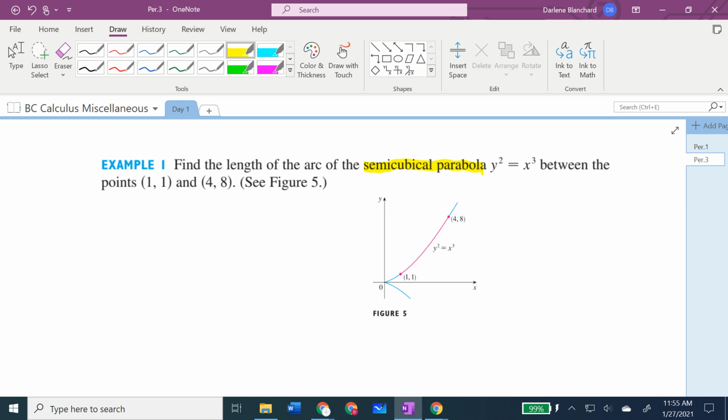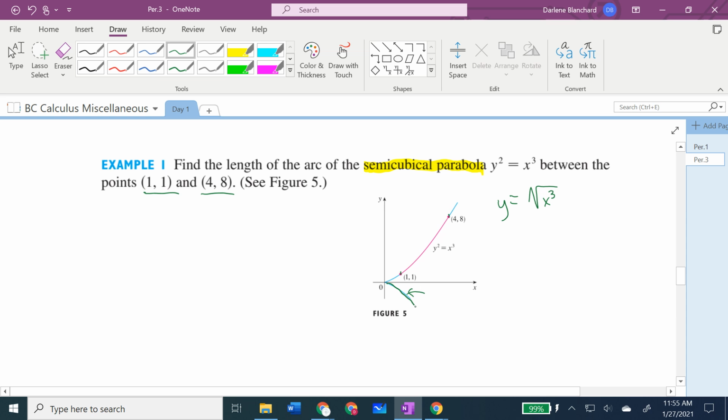All right, now I want you to notice that this is asking you to find the arc length between 2 points that are on the top half of this semi-cubical parabola, and thus we are looking at the positive square root, not the negative square root.